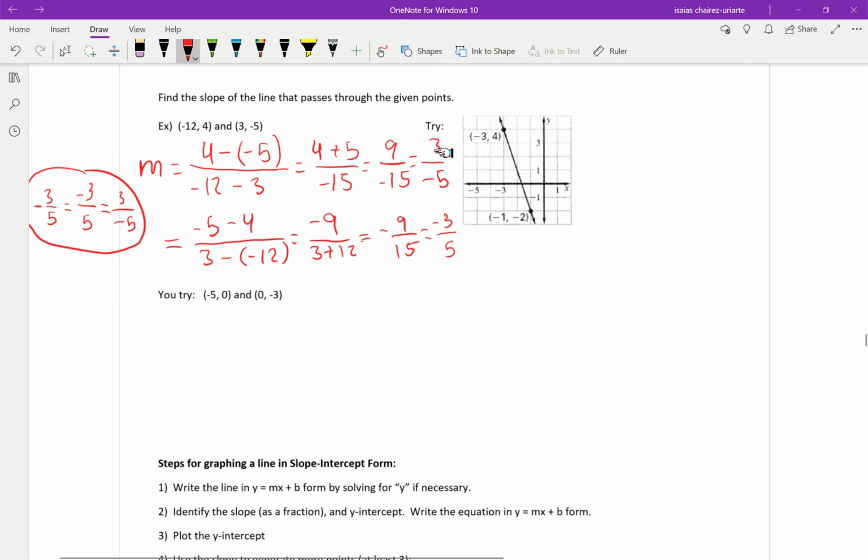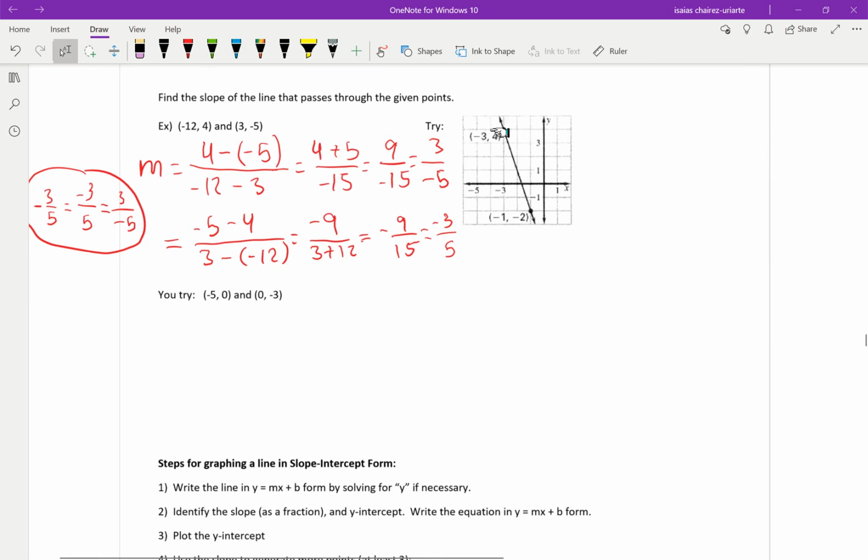It's negative 3/5. So if I were to graph the line that goes through these 2 points, I would expect the line to be decreasing from upper left to bottom right, because my slope is negative. Okay, pause the video, take a couple of minutes, and try to find the slope for these 2 other exercises.